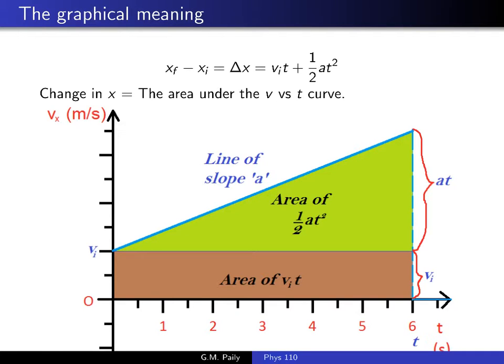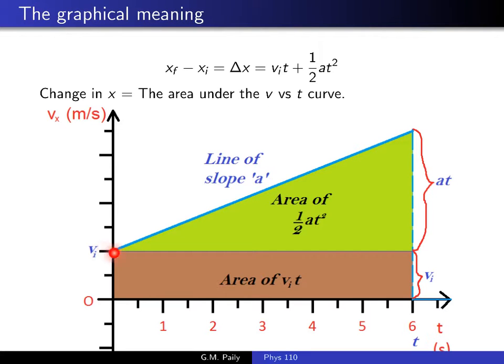But we know that the change in x, the displacement, x final minus x initial, delta x, is the area under the v versus t curve. But the area of this rectangle is vi, the height, times the base, t. So this brown area is vit, and the area of this triangle is 1/2 base times height.